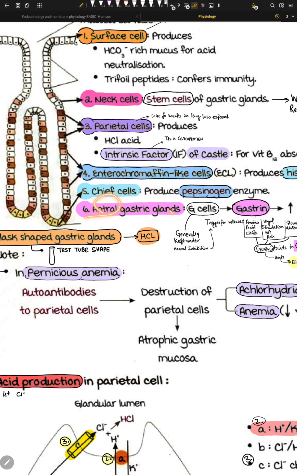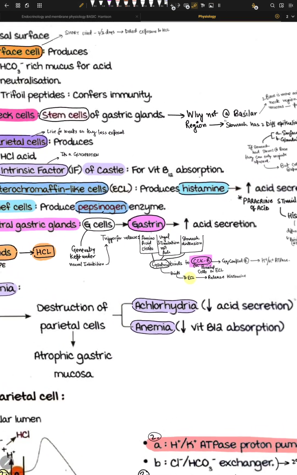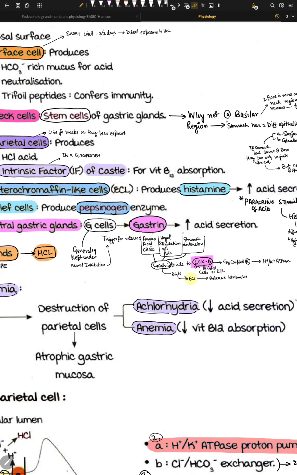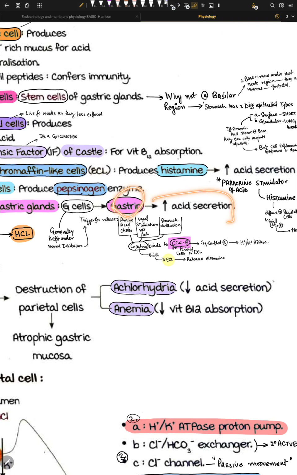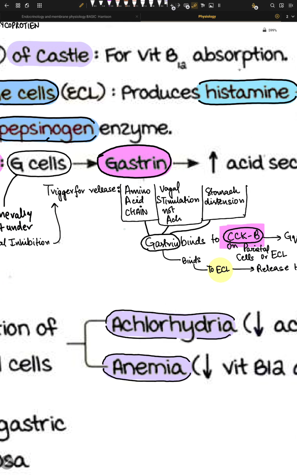So these antral gastric glands are G cells, right? And they produce something called gastrin. Now gastrin is amazing because it increases the acid production. So whenever you see gastrin, think about acid production, right? What happens here is that G cells are generally kept under neural inhibition. They are generally stopped. But once the inhibition is removed via the trigger of what?